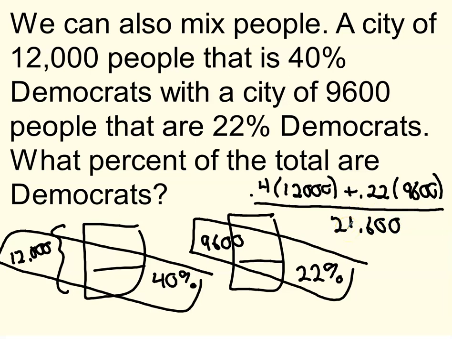And then we'll calculate all that and do the division and write it as a percent. I paused the video while I did the calculation, and when I did that division I got 0.32, so 32%. So when you mix the two cities together, they're 32% Democrats.